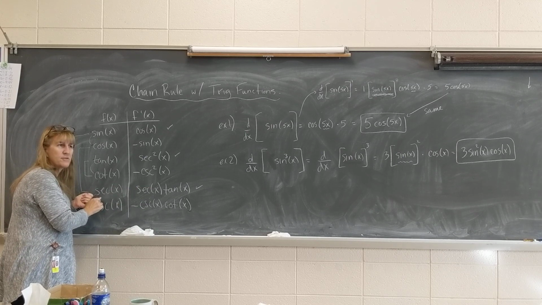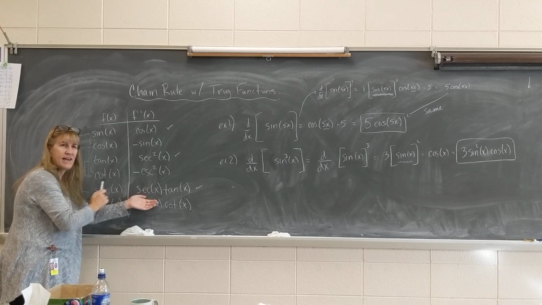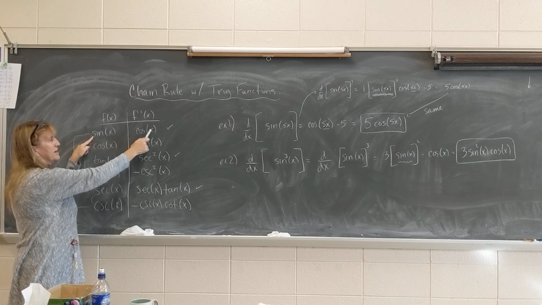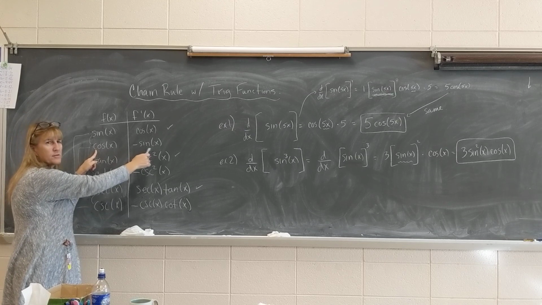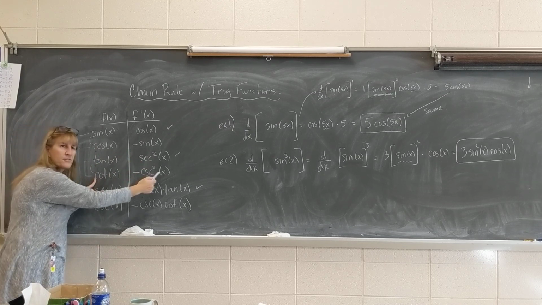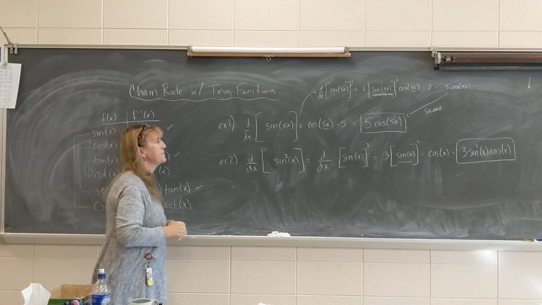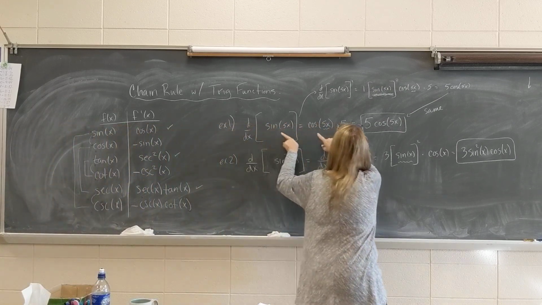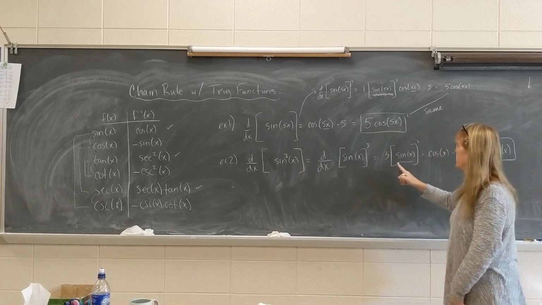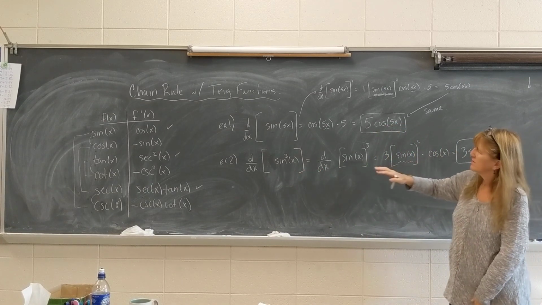So no matter what, when you take the derivative of secant, you're going to see a secant again. But the other ones, when I take the derivative of sine, I don't see sine here. When I take the derivative of cosine, I don't see cosine. When I take the derivative of tangent, I don't see tangent. When I take the derivative of cotangent, I don't see cotangent. All right? So this we think of as a single chain rule. This we think of as a single chain rule. But you could rewrite this.